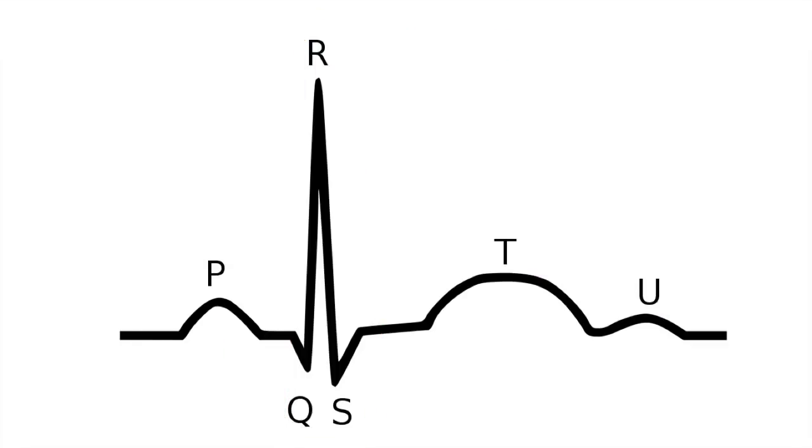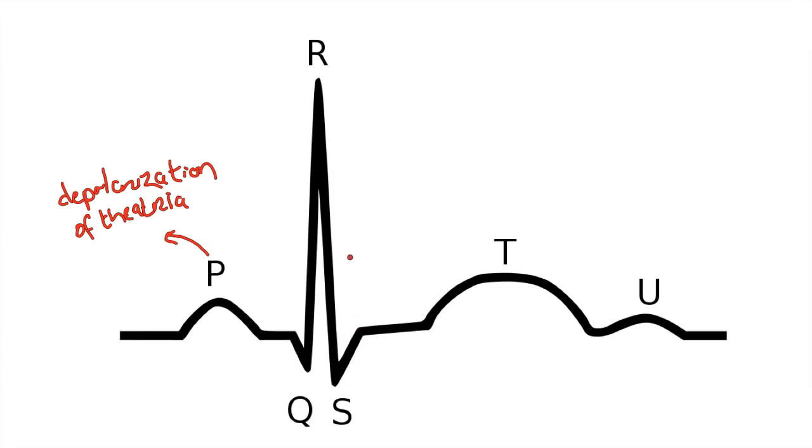So the P wave, we've looked at how the SA node generates the signal, and then that signal spreads to the muscle cells in the atria. And what this P wave shows us is the depolarization of the atria. So when the atria depolarizes, we see this peak.